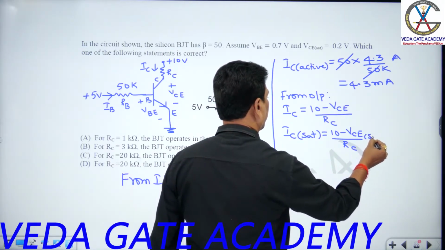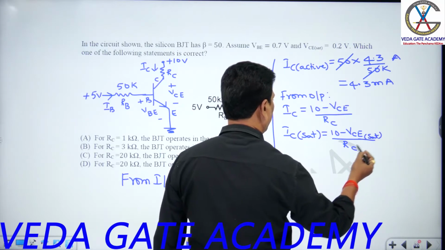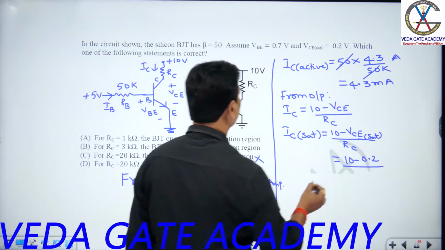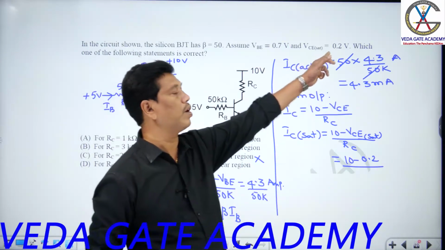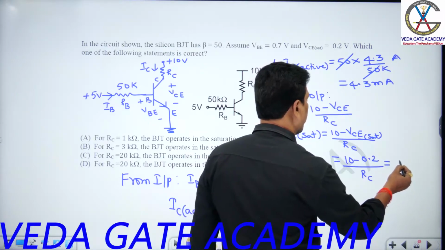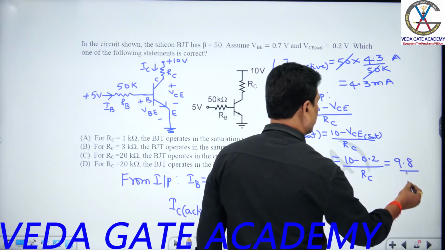VC saturation is given as 0.2 volt. RC is unknown, so that becomes 9.8 by RC, students.